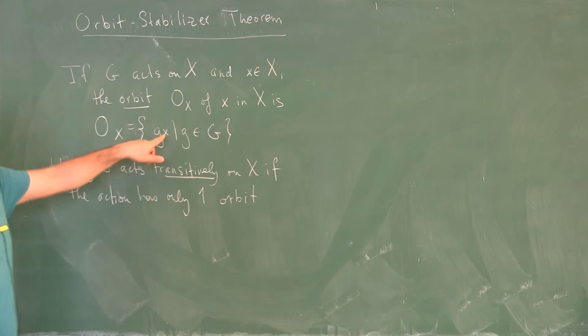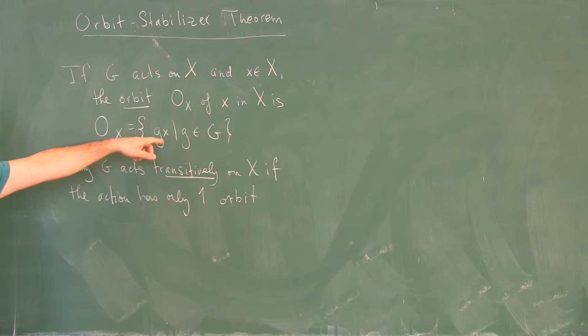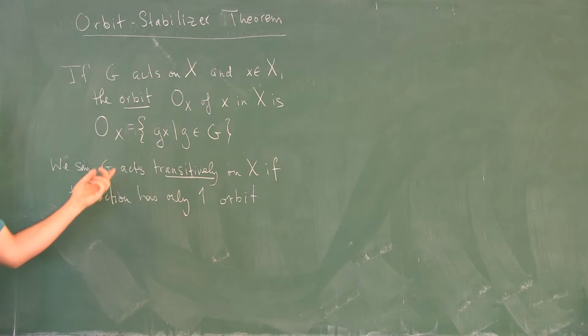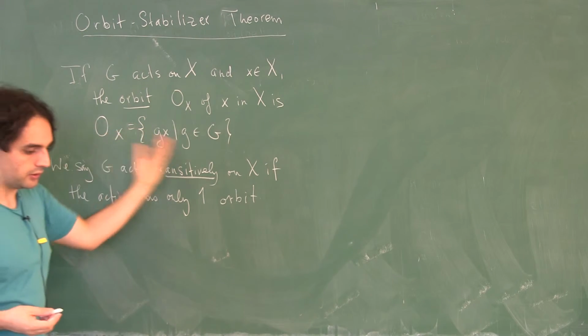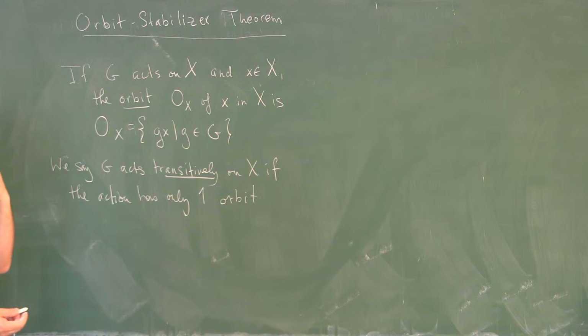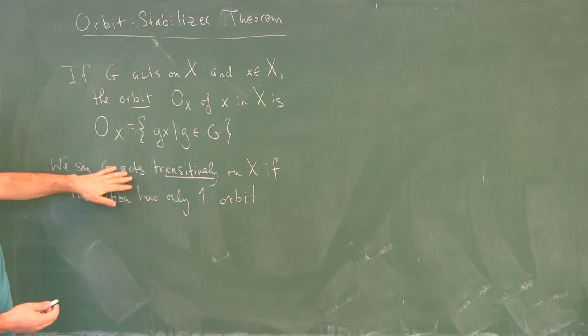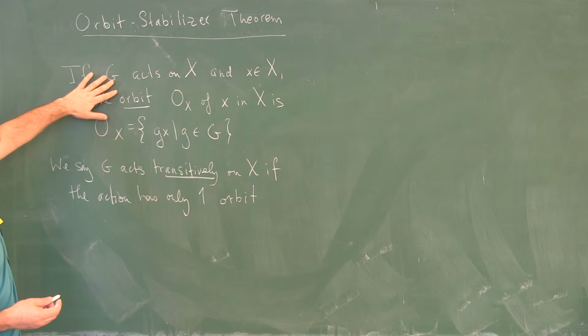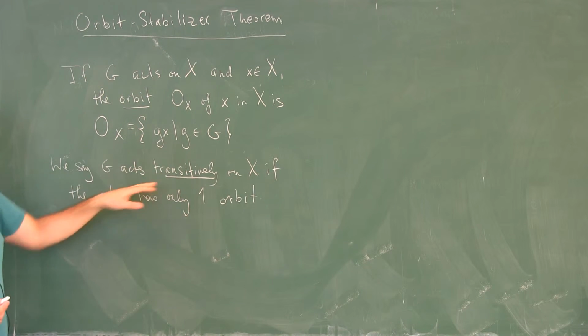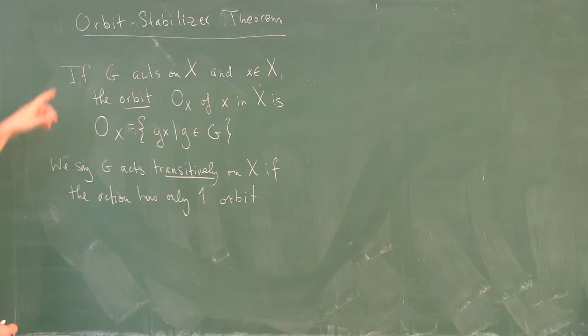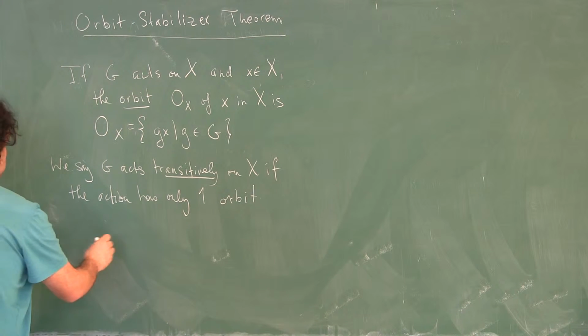In other words, we take any little x that we want and any little y in X, there is an element g in G mapping little x to little y. Okay, so this is the definition of orbit. The simplest situation is when there's only one orbit, and then we say the action is transitive. Now, what is the stabilizer?